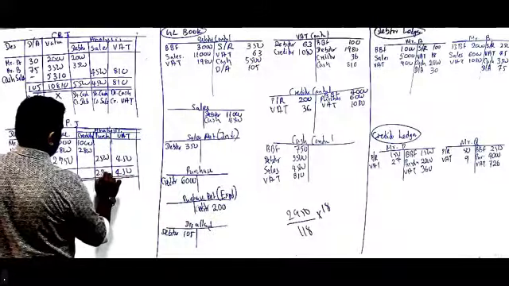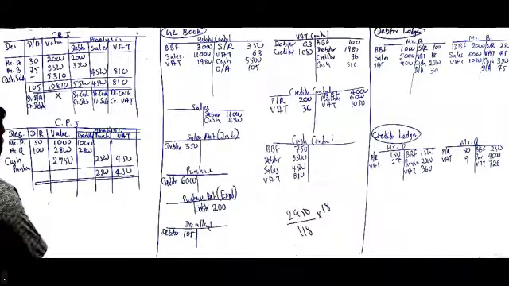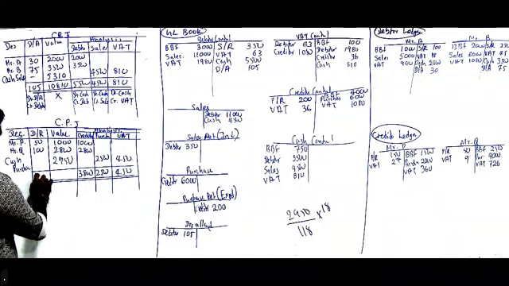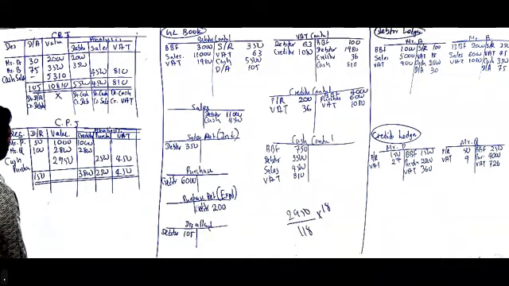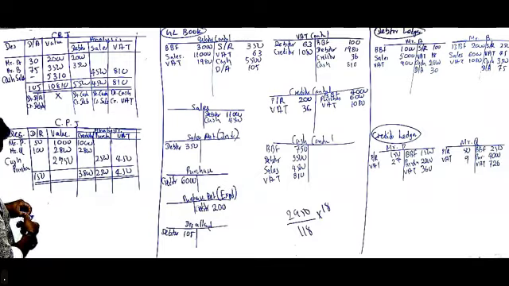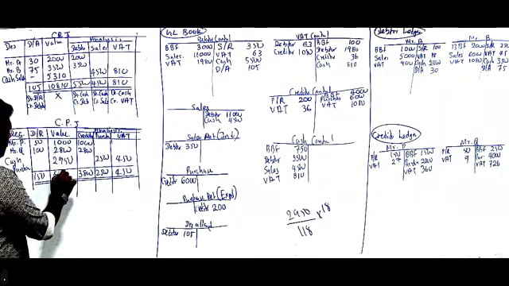450, 2500, 3800, 150. Here, how much is the total? 3,800, 4,750, 6,750.